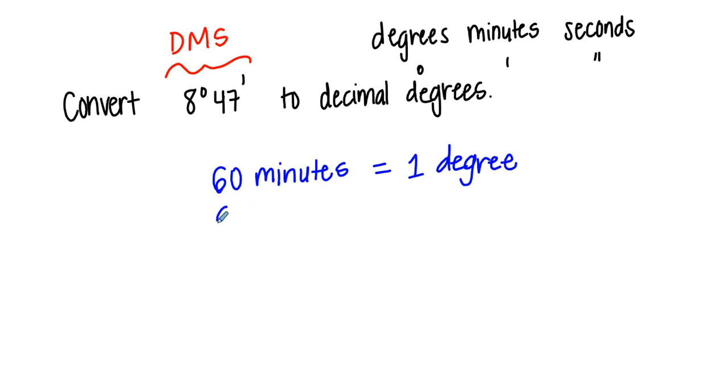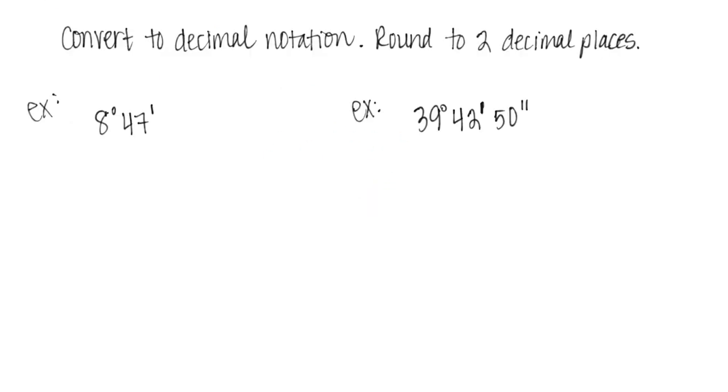There are 60 seconds in 1 minute, just like time. And now let's use those conversion factors to convert 8 degrees, 47 minutes to decimal notation.